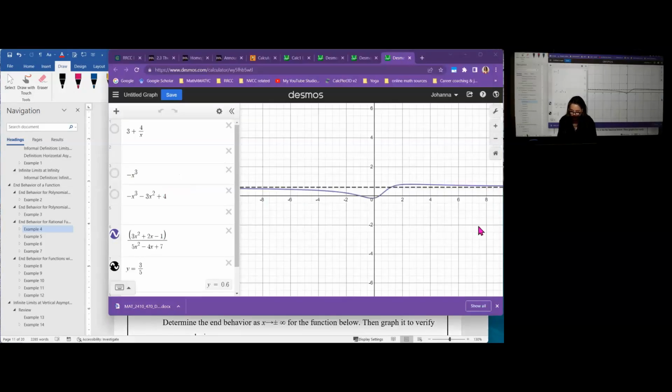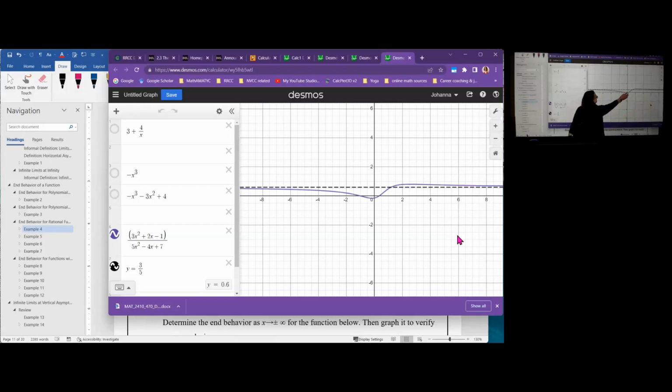Now let's look at the graph. This is kind of an interesting little graph. It's kind of a cool little graph. It's nice and smooth, which we really like in calculus. And notice that I have the dotted line y equals 3/5 in black and the others in purple. It's coming up to the right. It comes above the horizontal asymptote, and then it comes back down to approach it.